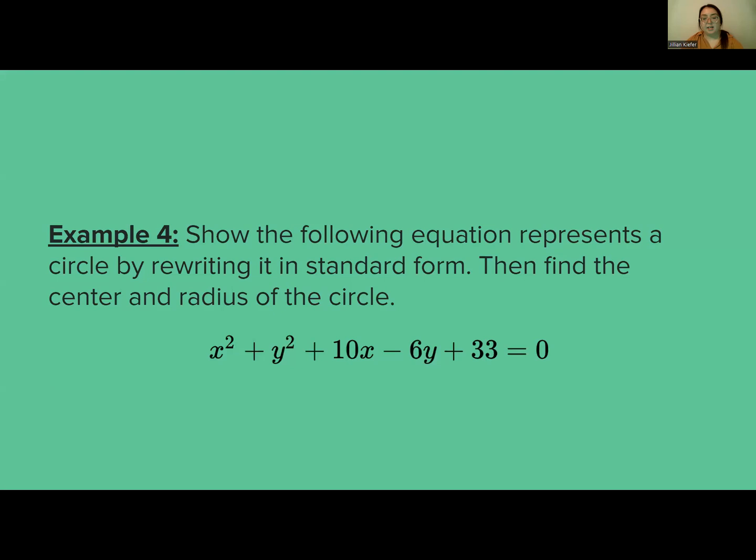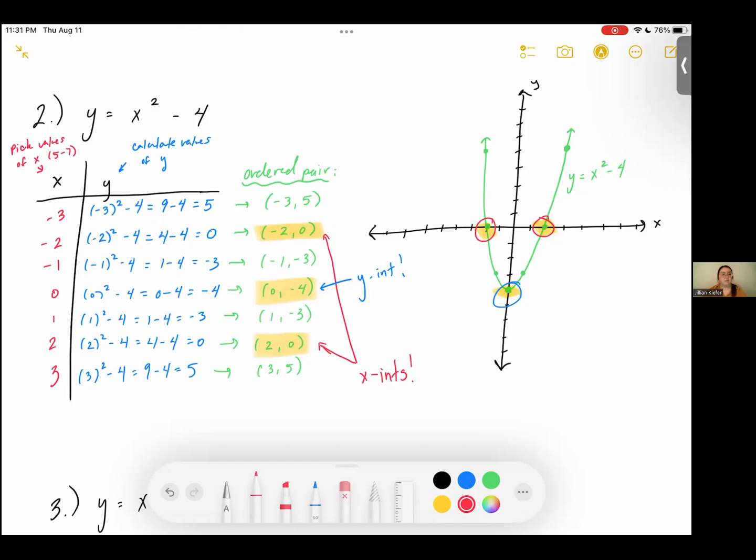But all right, here is our problem. We are showing that this equation represents a circle by rewriting it in its standard form, identifying the center and the radius. Our equation here is x² + y² + 10x − 6y + 33 = 0. So let's go ahead and head on over to our notes to work this problem out.